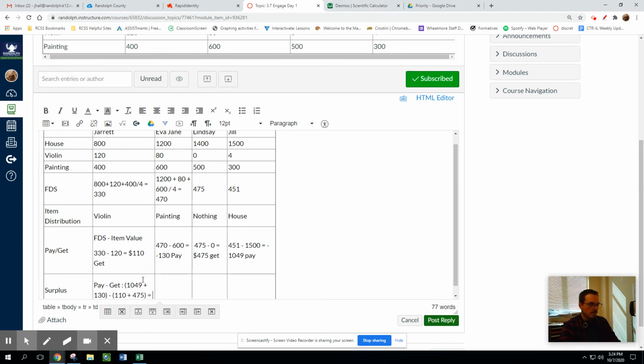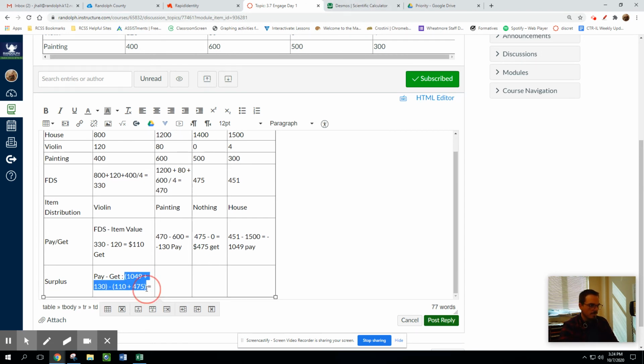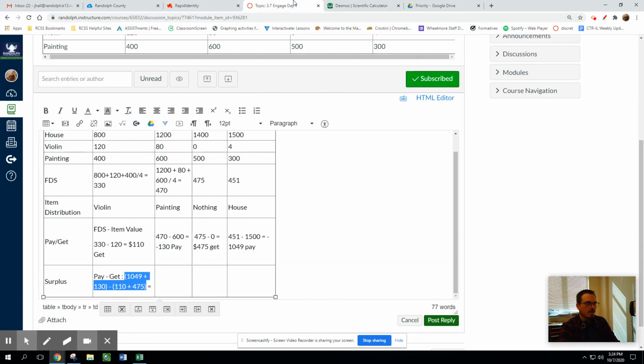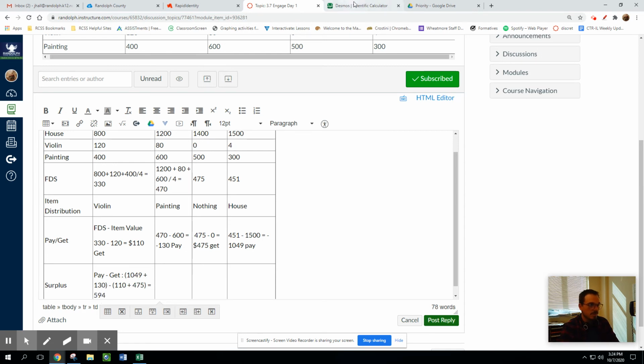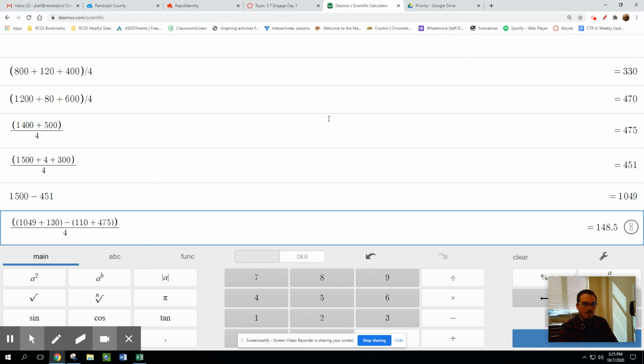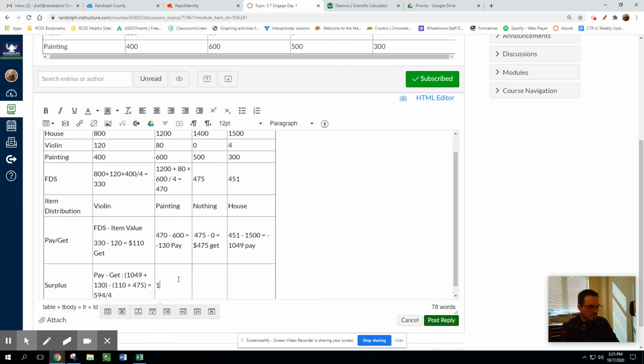So there is going to be a surplus here. I'm going to copy it so I don't have to type it out twice and get 594. And then the surplus distributed, you divide by 4. That way you know what each person gets, which is $148.50.